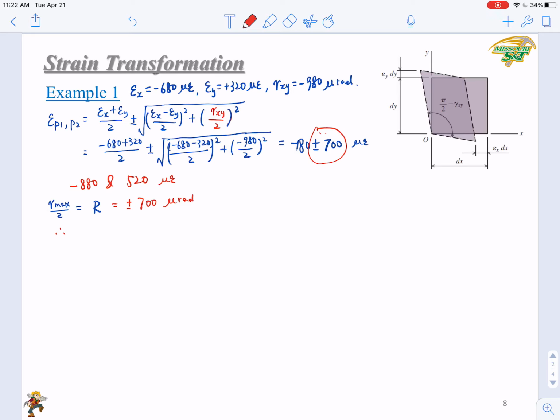So the maximum value of the shear strain will be 1,400 microradian.